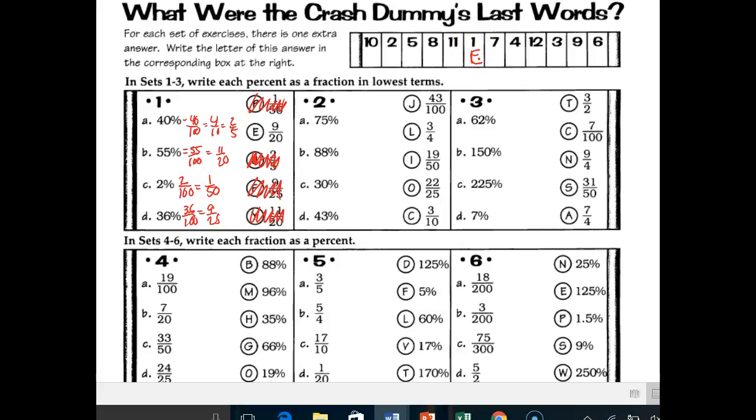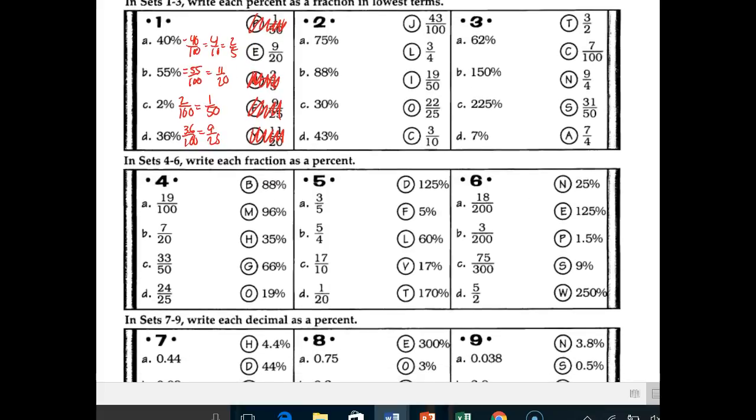Let me scoot on down to the next section, which is write each fraction as a percent. So 19 over 100 is just simply 19%. So cross off O. 7 over 20, create a base 10 by multiplying by 5. We get 35 over 100, which is 35%. Cross off H. 33 over 50, so base 10, times it by 2.